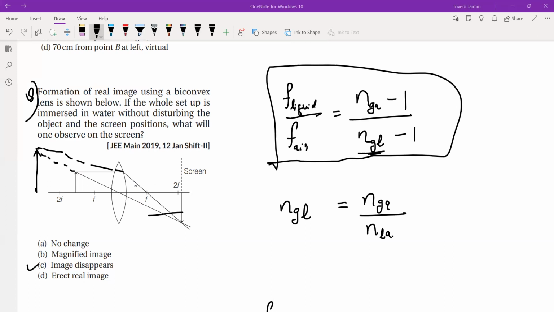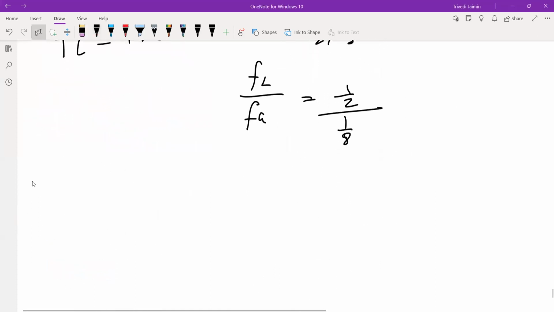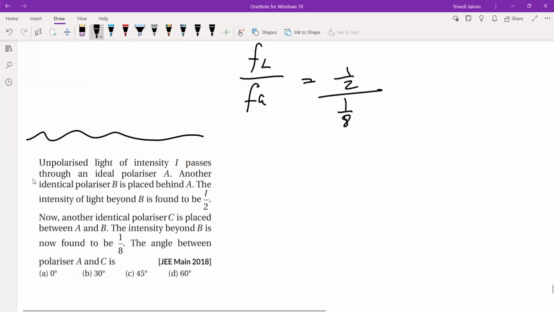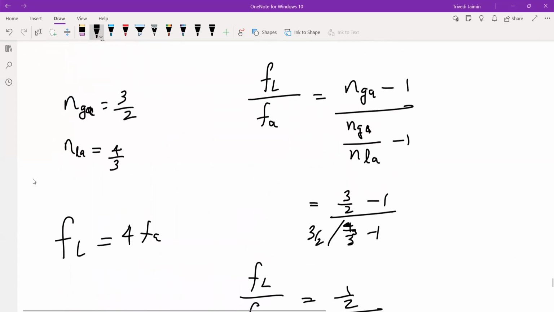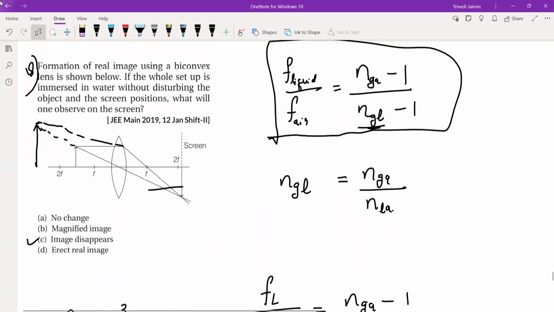Okay. You understood what I did here, everyone? Just learn this formula. Formulas you should remember.